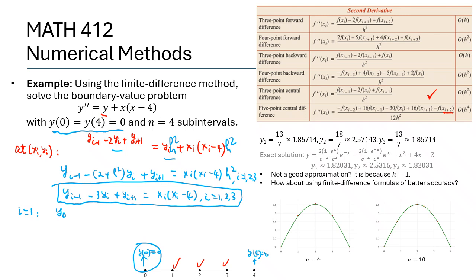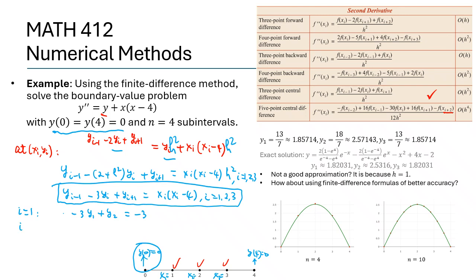So minus 3y1 plus y2 equals x1 times 1 minus 4, that's negative 3. And y0 is 0, so on the left end we just keep all unknown terms on the left side.